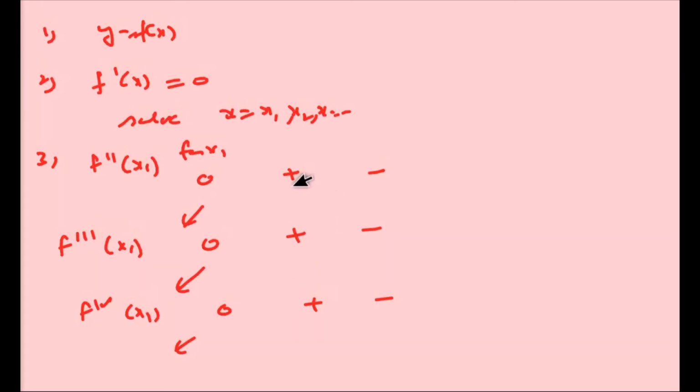Now for this and for this, positive means minimum and negative means maximum. Again here positive means minimum and negative means maximum, and in this case point of inflection.